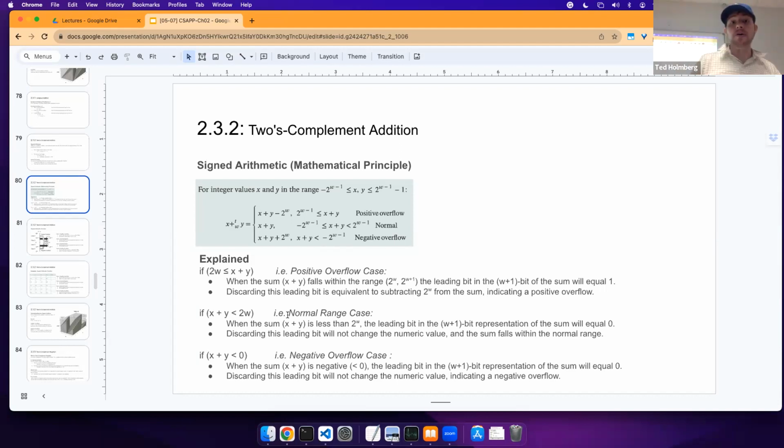We get a positive overflow if the result of adding our 2 bit vectors together is greater than what we can encode. It's a normal condition when the bit size remains the same, and it's a negative overflow if we have to increase the bit size by 1, but it's because of a negative value. It goes below our minimal encoding value.